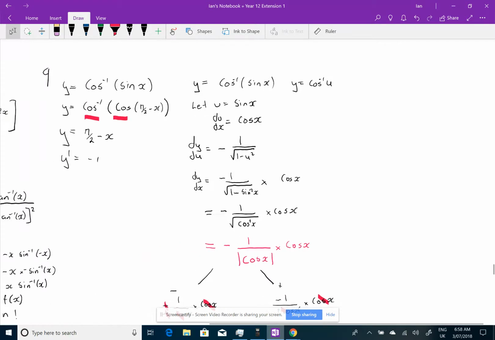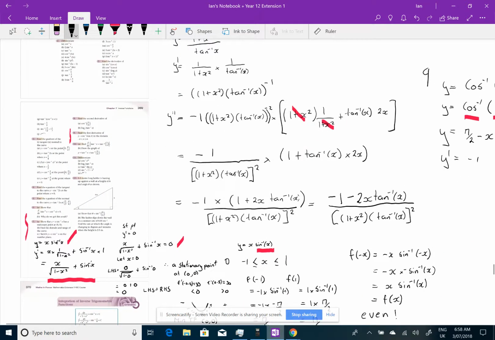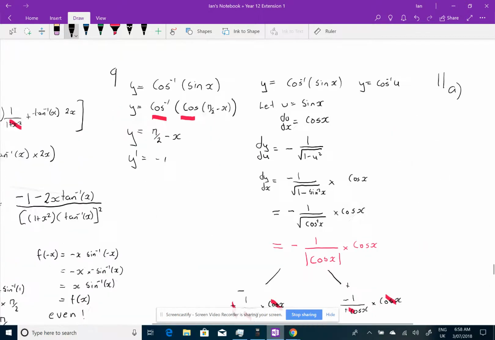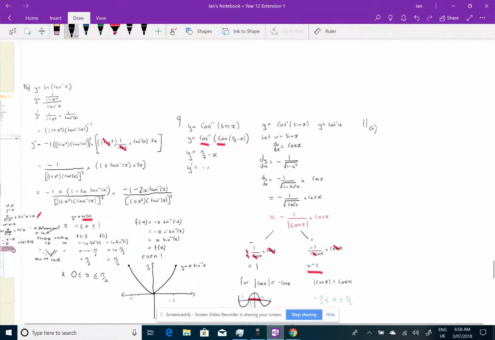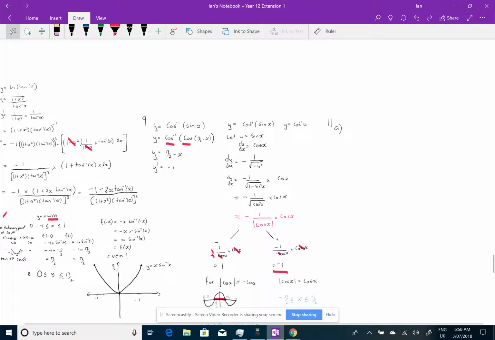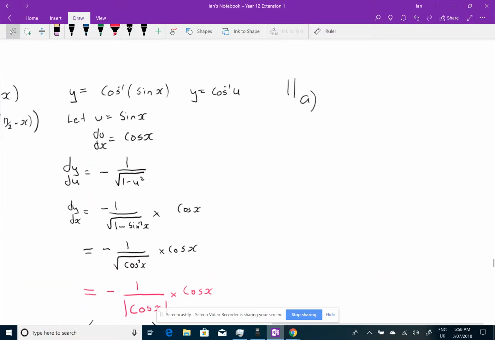So 11a. What do we got? Y equals inverse cos e to the 2x. Well, again, let u equal e to the 2x.